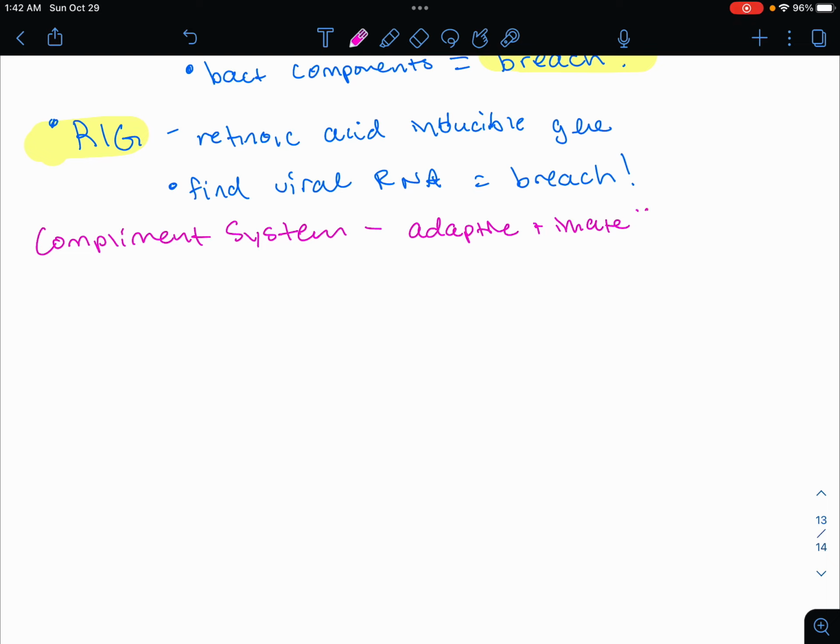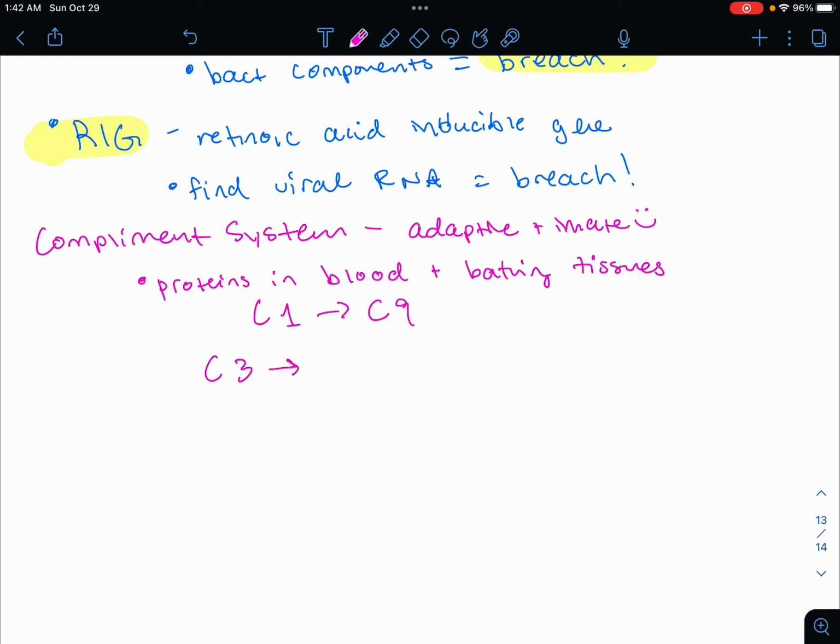I'm gonna make a smiley face there because they're going to kind of complement each other. There are proteins in blood as well as the bathing tissues that are going to be involved in this, and these are C1 through C9, and then C3 could actually split into C3A and C3B, so a whole slew of proteins.